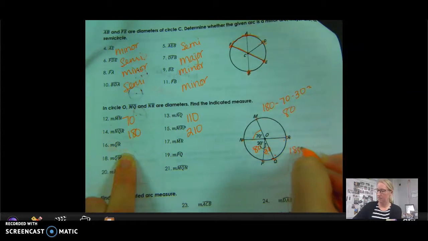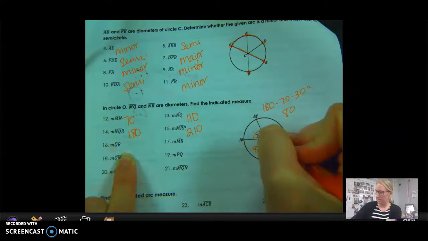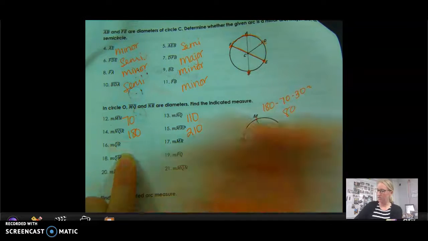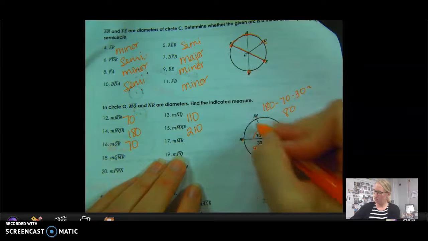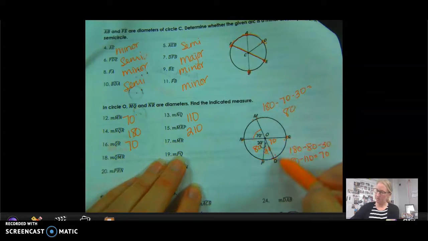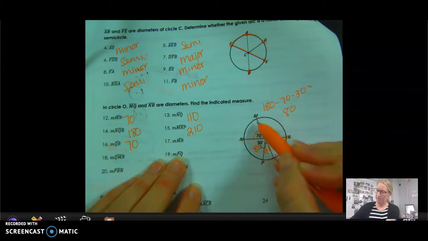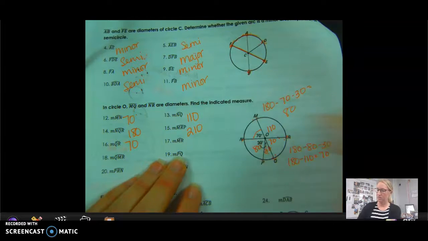So I do 180 minus that 80 degrees right here, and minus that 30 degrees in there. That gives me 180 minus 110, which is 70 degrees left for this guy. So if I want Q to R, it's just 70. M to R, so again, semicircle is M to R to Q, so it's 180, but this angle is 70, so the rest has to be what's left over, so that'd be 110.